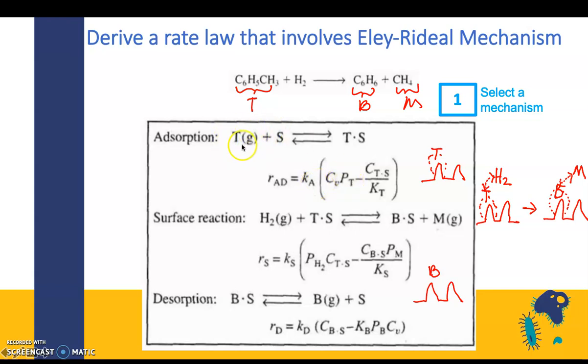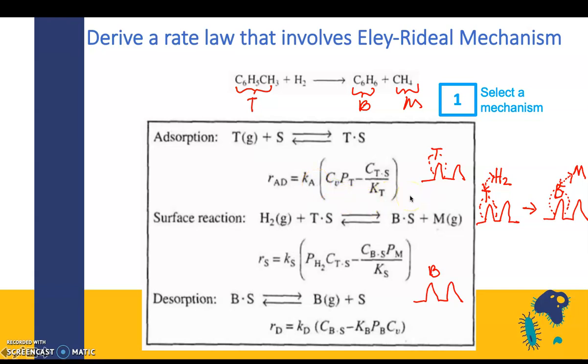Since toluene is in the gas phase, this would be the pressure of toluene, P_T. S again is Cv. When it adsorbs on the catalyst surface, it becomes T·S, so that's why C_T·S over capital K_T.